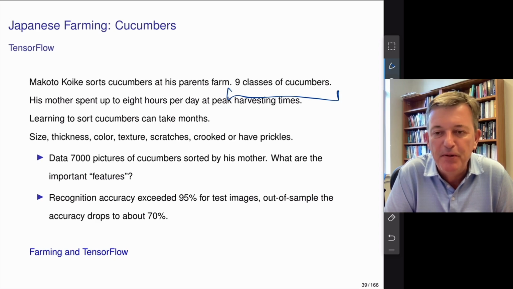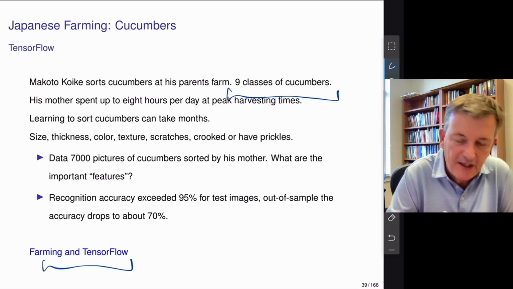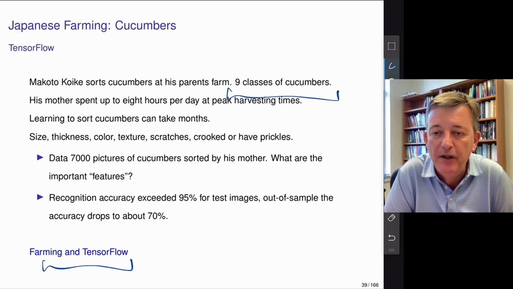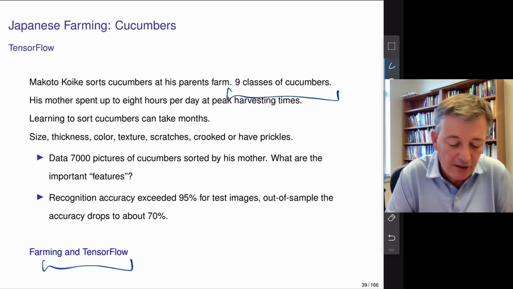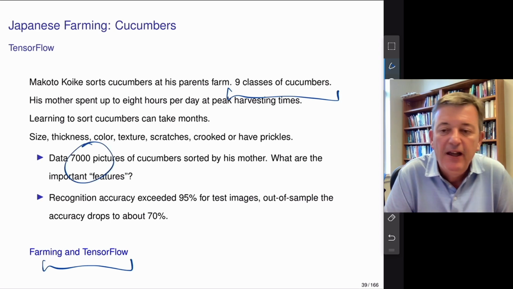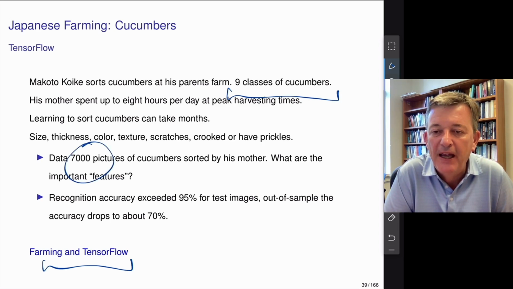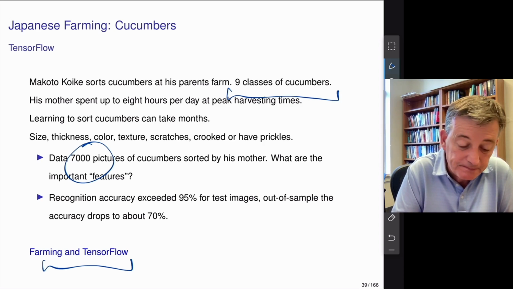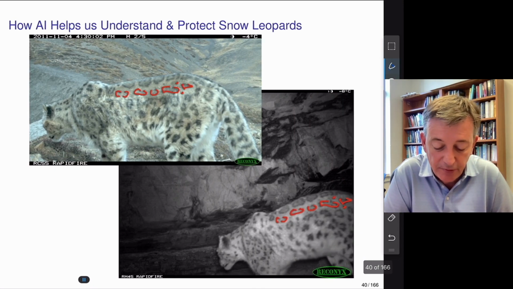And so his mother got replaced by a deep learning algorithm. And if you go to YouTube, you can actually see his algorithm automatically working in real time. So rather than his mother having to sit there and sort by hand 7,000 cucumbers as he picks them, it's all automated for him. So one of the interesting examples.